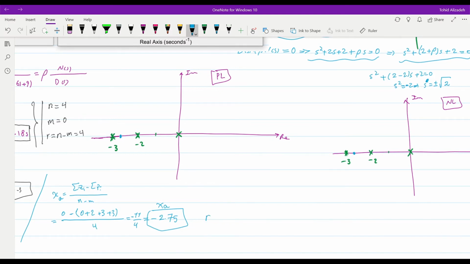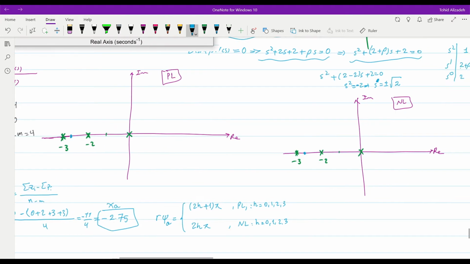For that we have r times the angle being equal to 2h plus 1 times pi for the positive locus and 2h pi for the negative locus. We have 4 poles, therefore 4 asymptotes. h will be equal to 0, 1, 2, and 3, and r is equal to 4.